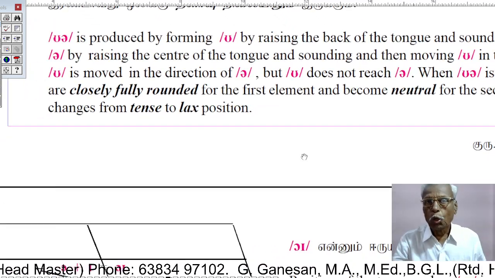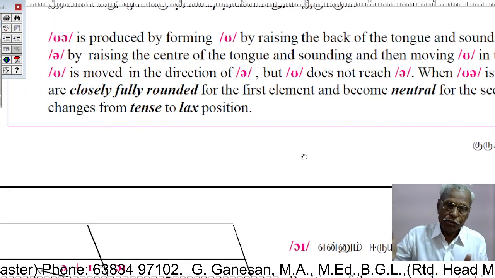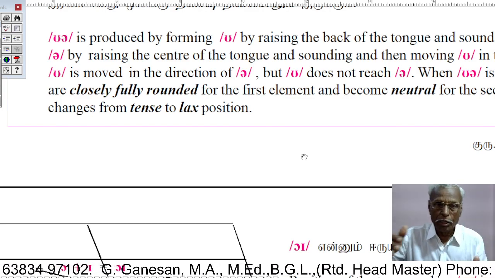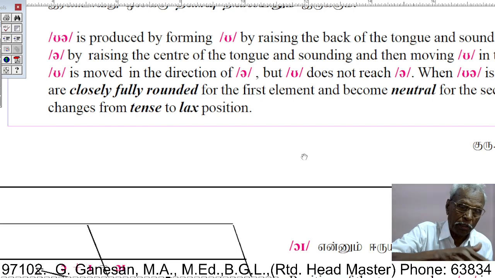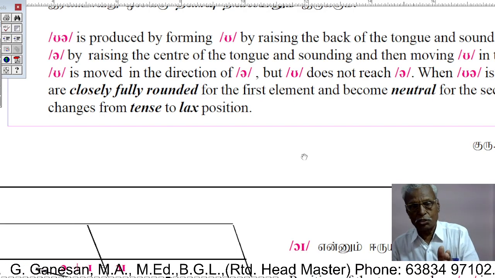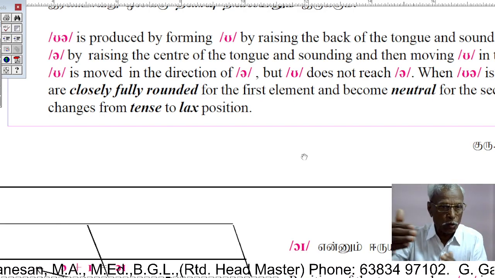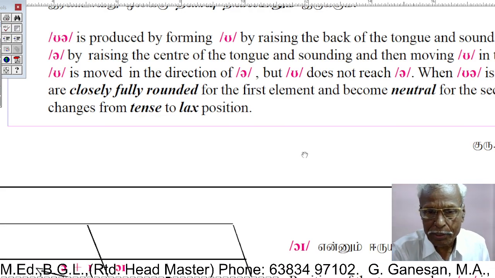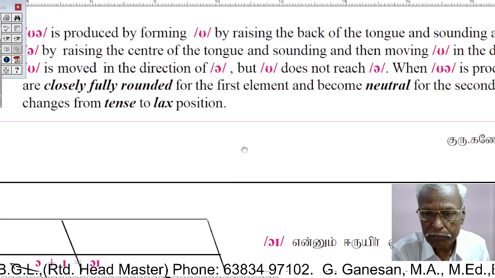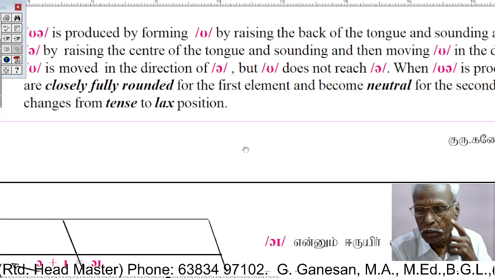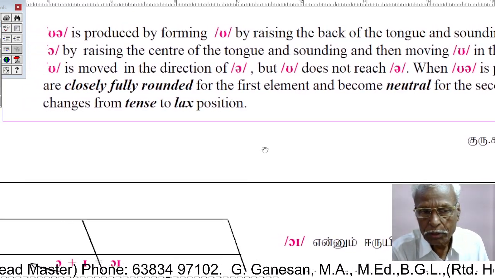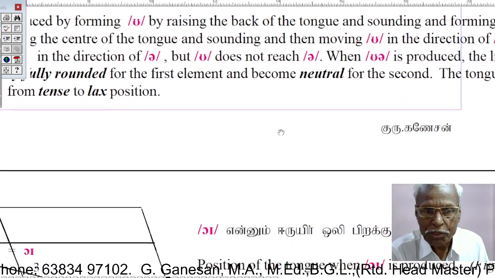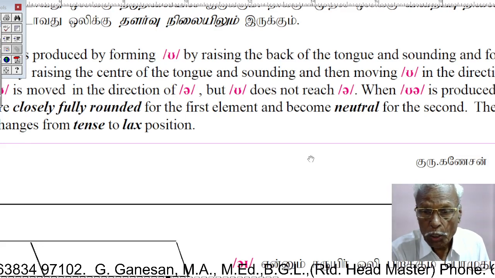Again, UA is produced by producing U by raising the back of the tongue, and producing A by raising the center of the tongue, and then moving U in the direction of A. What are the lips and tongue positions when UA is produced?